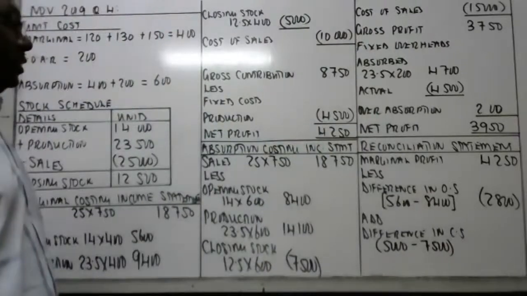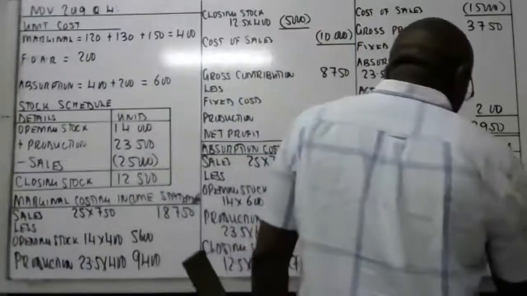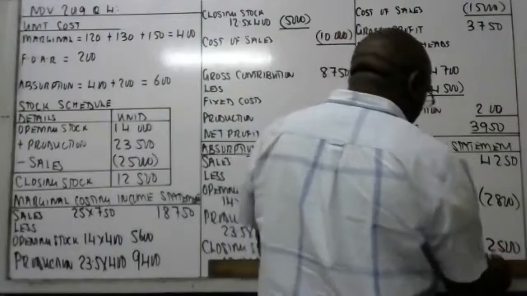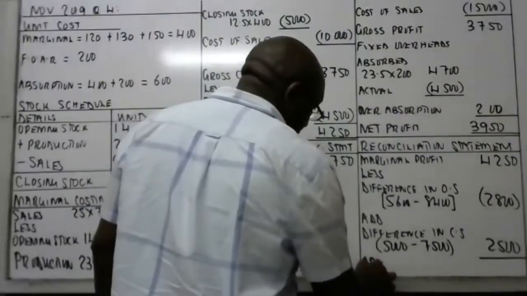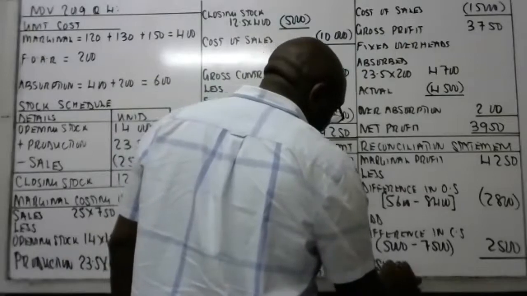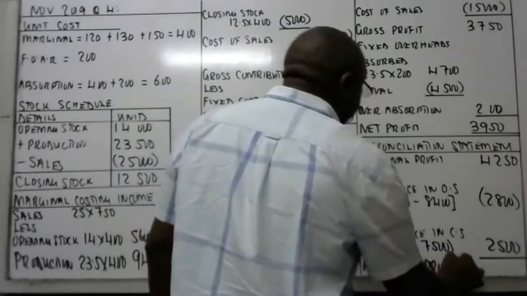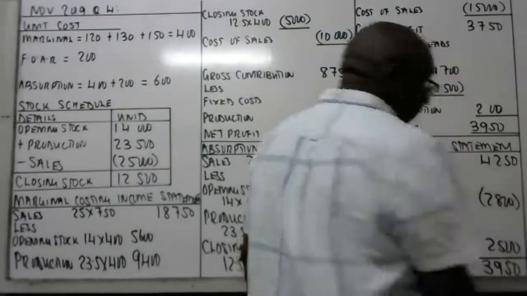So the difference is 2,500. So we are adding that. And if all is well, when you do that, you should get absorption profit, which is that 950.